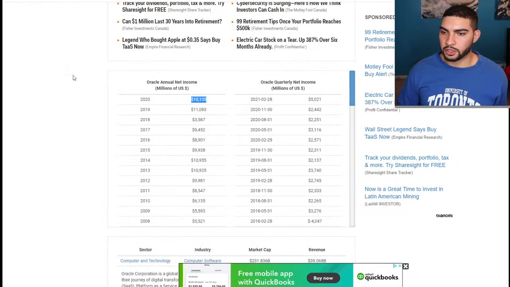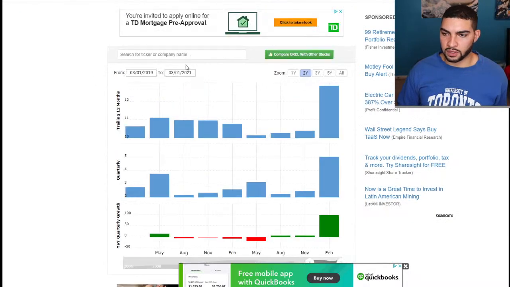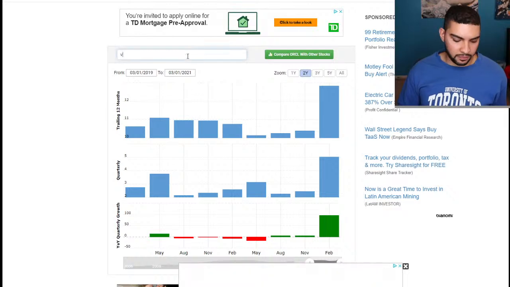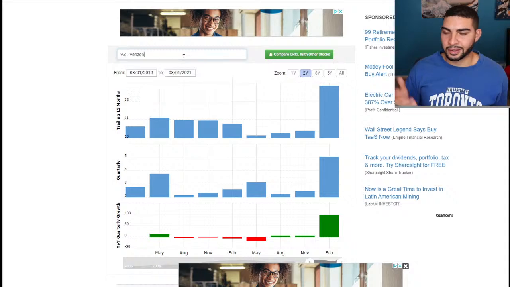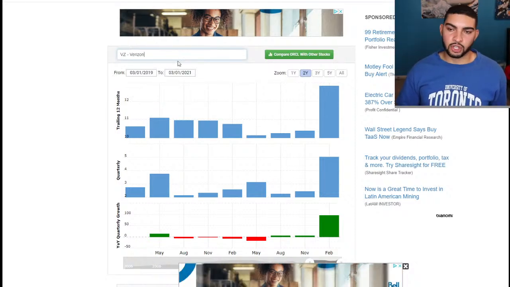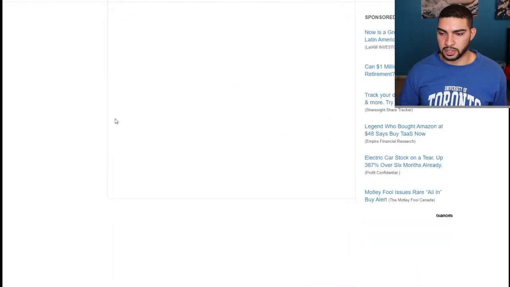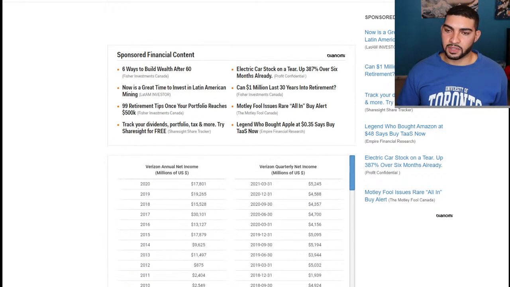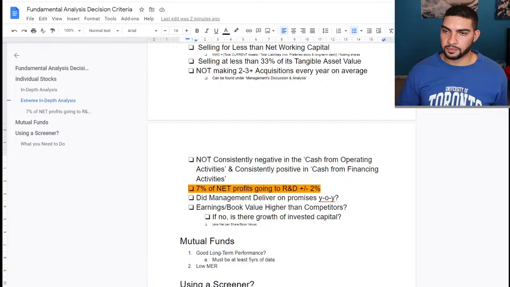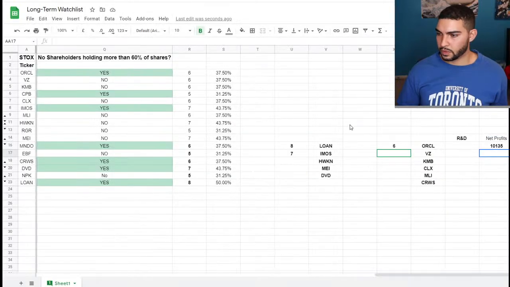So what I'm going to do to make this a lot simpler for us is I am going to just go through all of the stocks first and get their net incomes, and then from there we can calculate what the research and development percentages look like in comparison to that. Let's see what we got. 17,801.